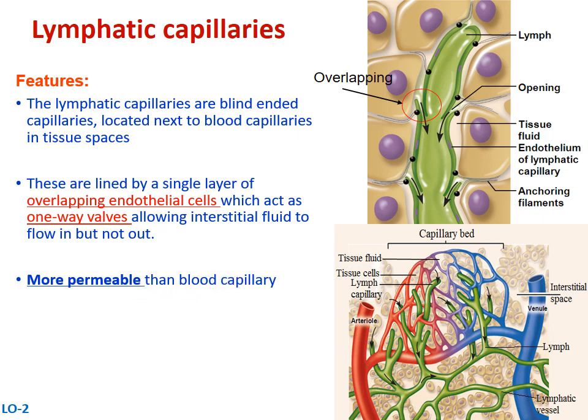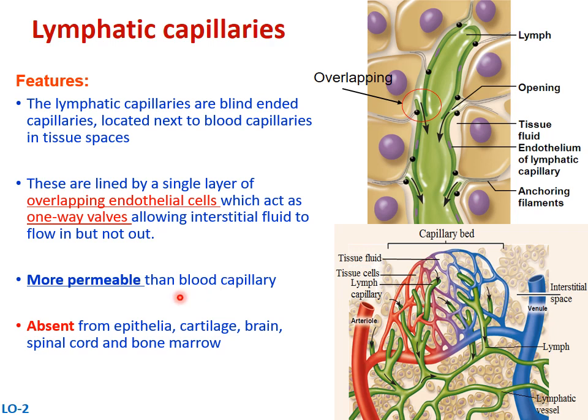Second, they are more permeable than blood capillaries. Also, they are absent from epithelia, cartilage, brain, spinal cord and bone marrow. This is a very important point, because you have to memorize where the lymphatic capillaries and this lymphatic vascular system are not present in the body.